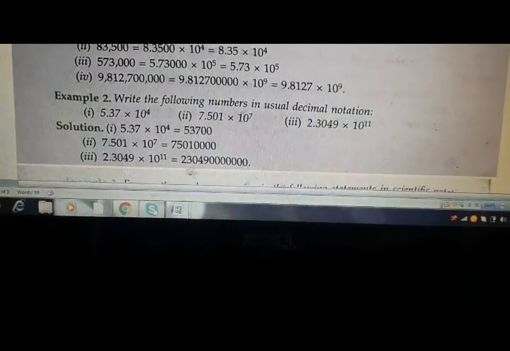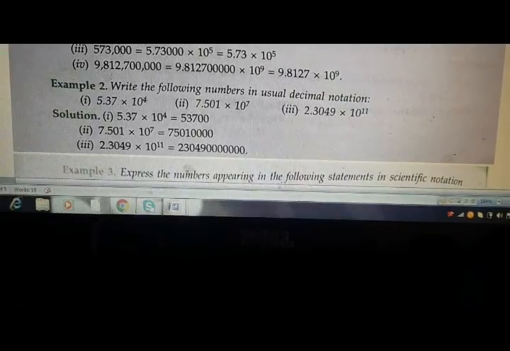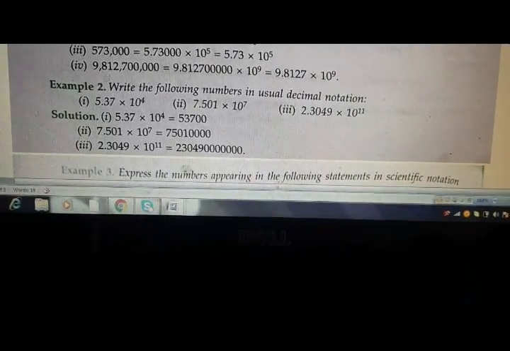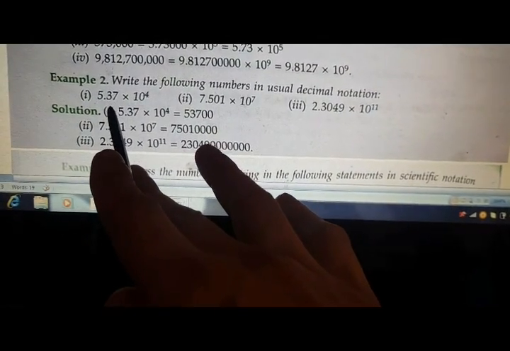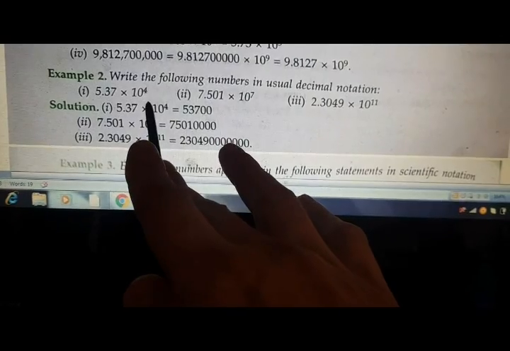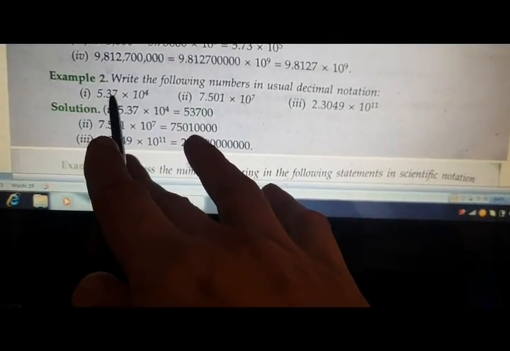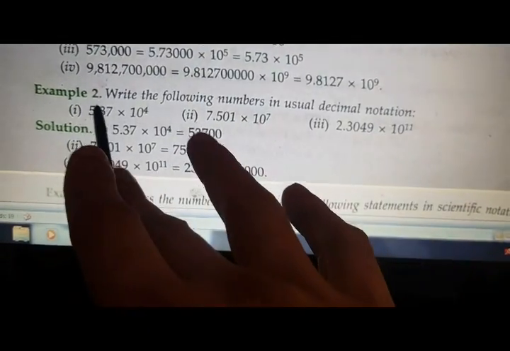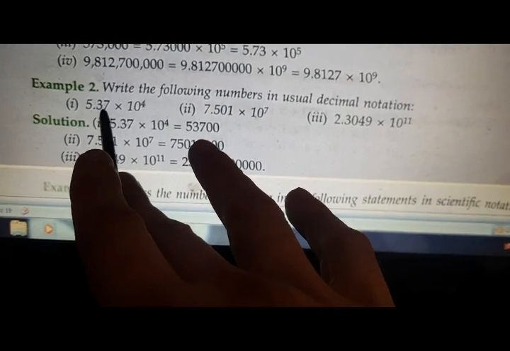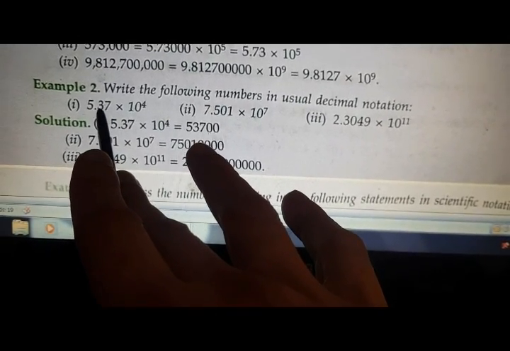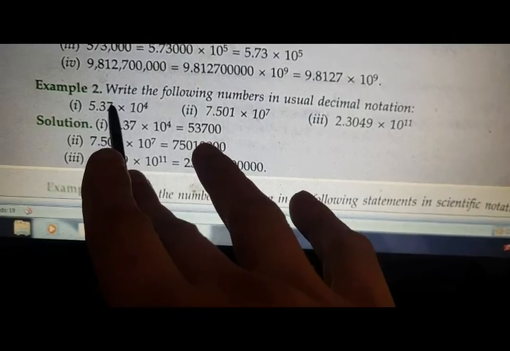Next example, you have to write in decimal notation. Now scientific notation has been given to you and you have to write it in the form of a decimal. So how to do it? Now you have 5.37 into 10 to the power 4. So that means 537 you will write first. After that you will count 10 to the power 4, meaning after the decimal you count 4 places including these two numbers, 1, 2, 3, 7, and then 2 places are empty, so you put 0 over there.